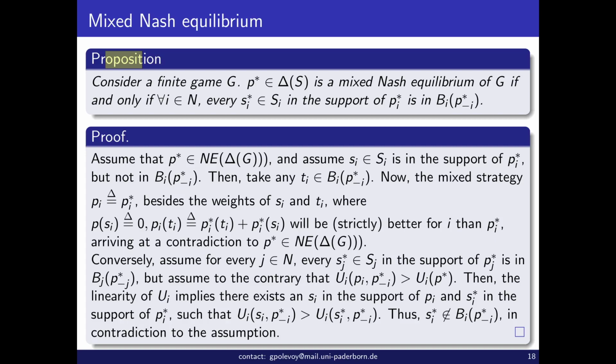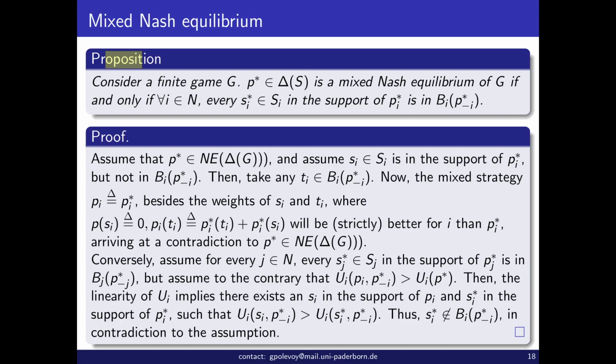And that implies that Si star was not a best response of I to P star minus I, and that contradicts our assumption that every strategy in the support of P star I, for any player, is a best response.